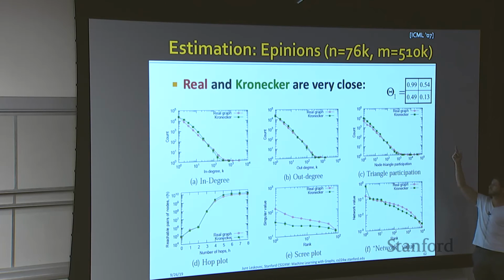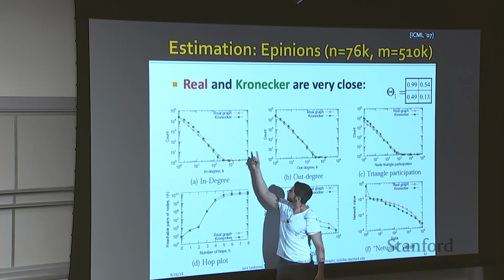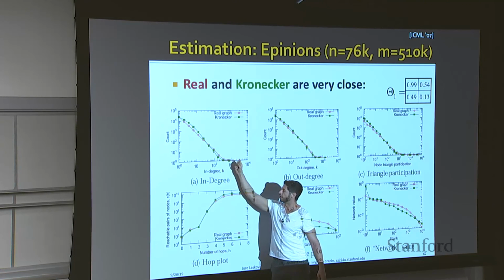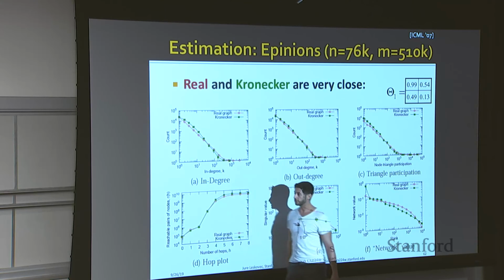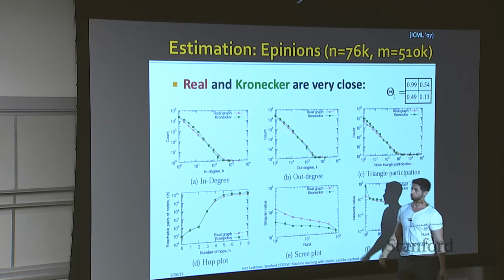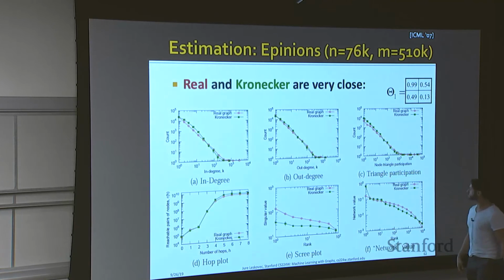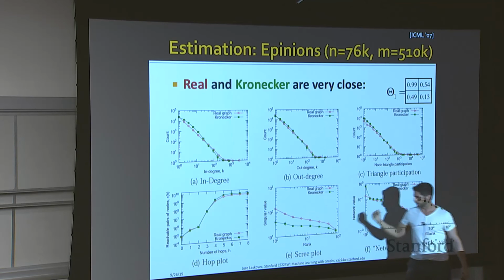This is our initial theta 1. And as you can see, basically, the real graph is with the red line, and our Kronecker generated graph is with the green line. And most of the properties of this graph are pretty much matching very closely. So the degree distribution, basically the clustering coefficient, or the triadic closure.